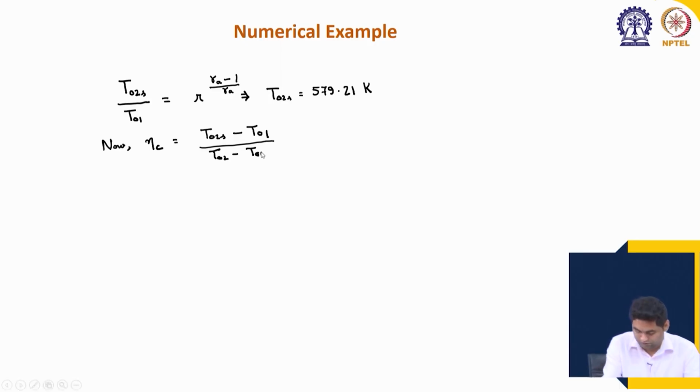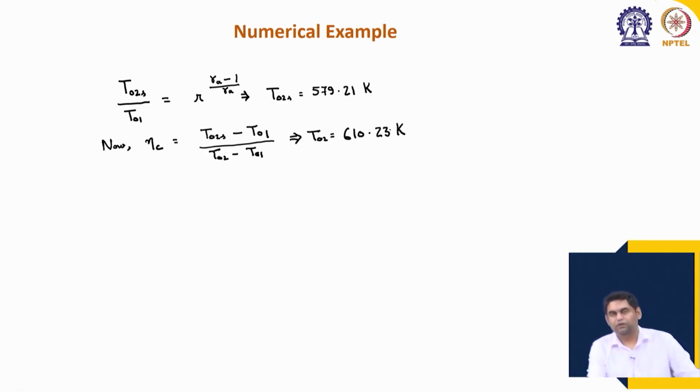T01 again is a known quantity. So, everything is known here. So, we get from here the value of T02. This comes out to be 610.23 Kelvin.